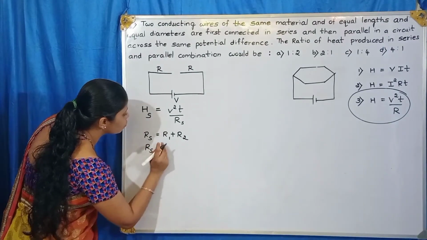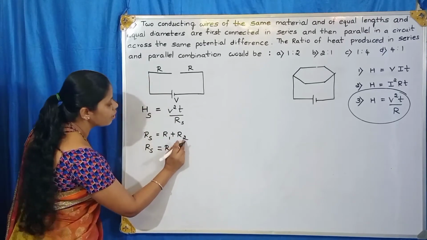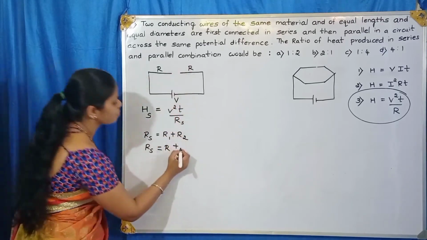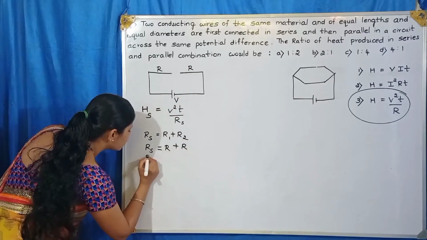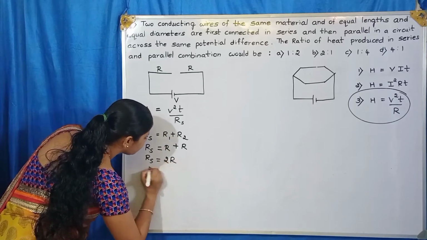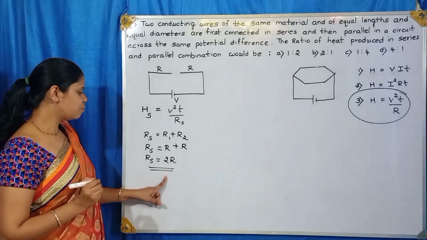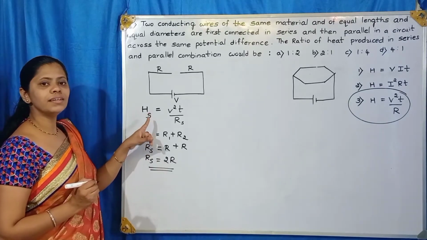Therefore, Rs is equal to R1, R1 is nothing but R, and R2 is nothing but R. Rs is equal to R plus R, that is 2R. Okay. Now, let's find out the heat production when they are connected in series.